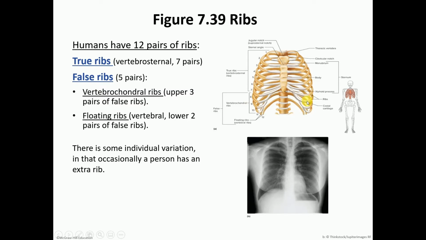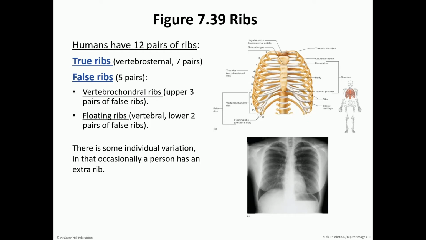The first 3 of these false ribs, as you see here, have cartilages that unite and then connect at one point to the sternum, and those are known as the vertebrochondral ribs. The last 2 ribs don't even have costal cartilages at all.